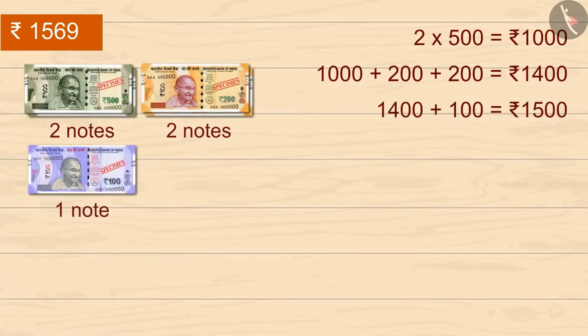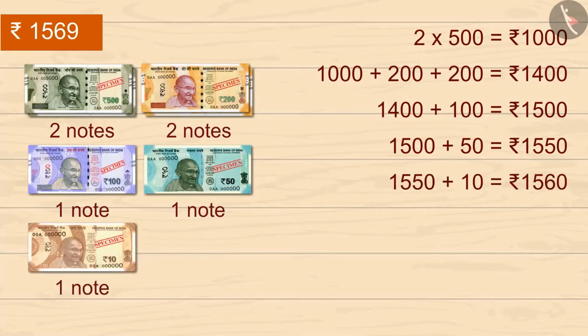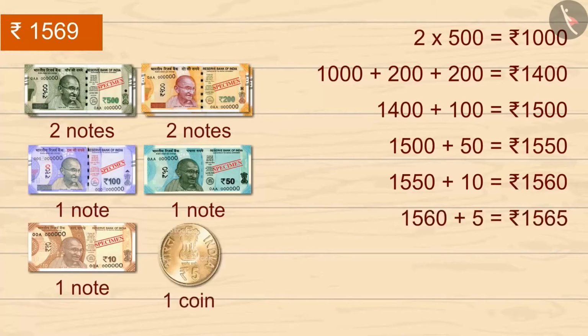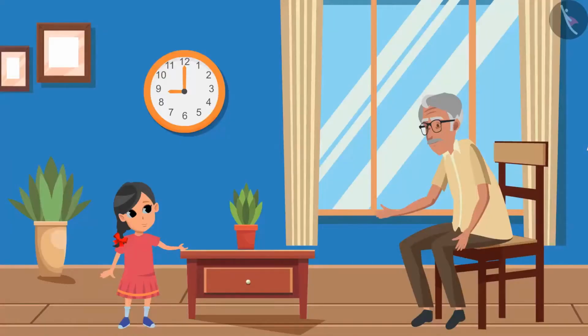Now it makes 1500. 1 note of 50, so it becomes 1550. 1 note of 10, so it becomes 1560. 1 coin of 5, so it becomes 1565. And 2 coins of 2 rupees. Now it becomes a total of 1569. Very good, Goody.